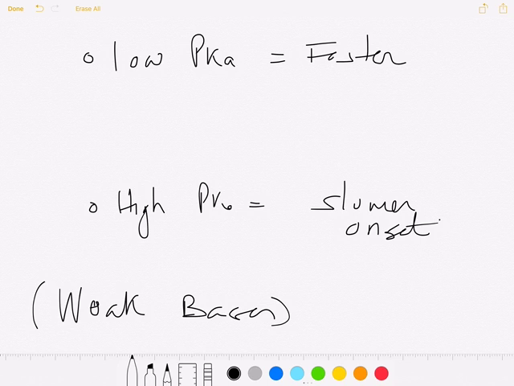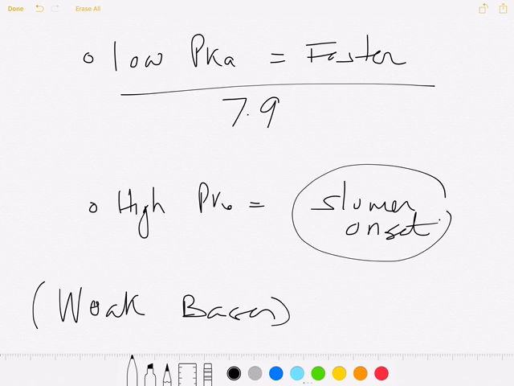Now if you try to memorize that, then I would give you an example. Let's go back to our favorite local anesthetics, bupivacaine and lidocaine. Which one has a faster onset of action? Lidocaine has a faster onset of action. Its pKa is 7.9, and bupivacaine has a slower onset.